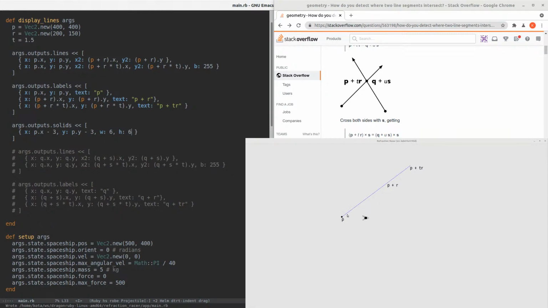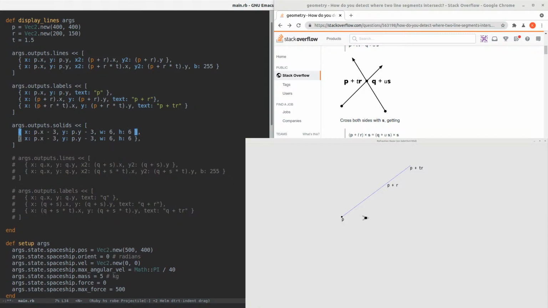And that gives us this point here. And then we'll also do the same thing for, man, I wish I put these into variables. That's okay. P plus r dot y. Right, so that gives us those two. So that's our original line. And then we'll do the same thing for the blue.